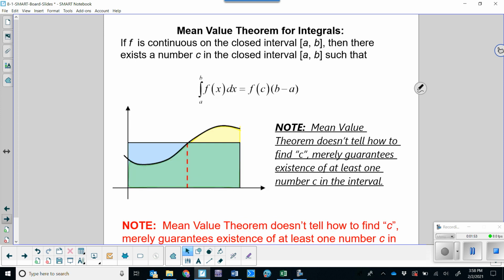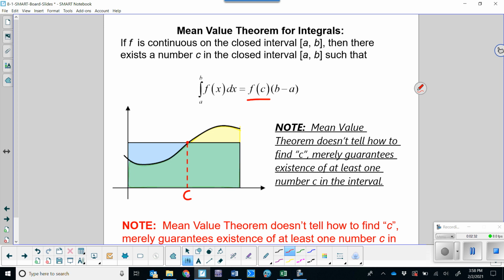And so looking at the theorem a little more formally, it says, again, if f is continuous on the closed interval, remember that a lot of our theorems, most of them, it's got to be continuous. So we need to check that. As long as the function is continuous, then there exists some number c in the interval from a to b, so that's an x value, such that if we integrate from a to b of f of x, we would get the function value f of c, which is this point, so this is our c.